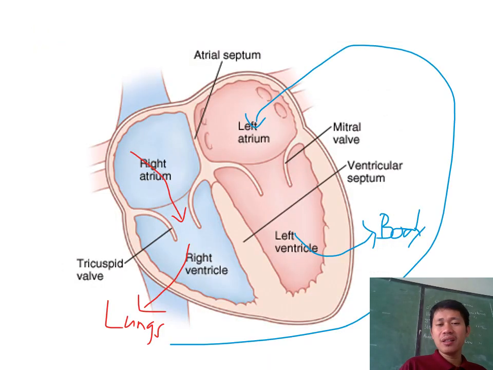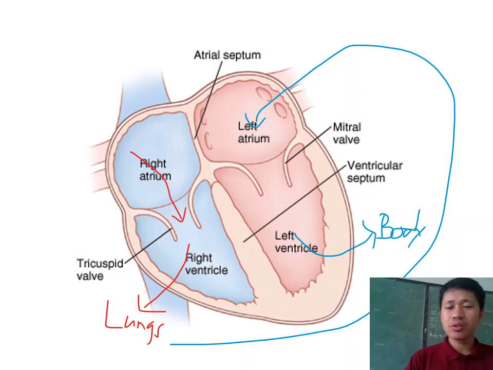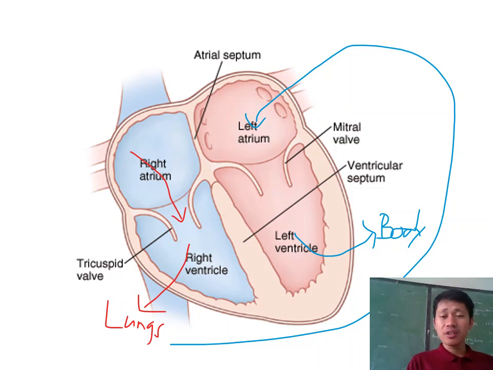Here is the internal structure of the heart, where you can see the four chambers, the right and left atria, no? The right atrium, the left atrium, and the two ventricles, the left and the right ventricles. And the blood will flow from the right atrium. It will fill the right ventricle, and then after that, the right ventricle will contract to eject the blood out of the heart towards the lungs to get oxygen.